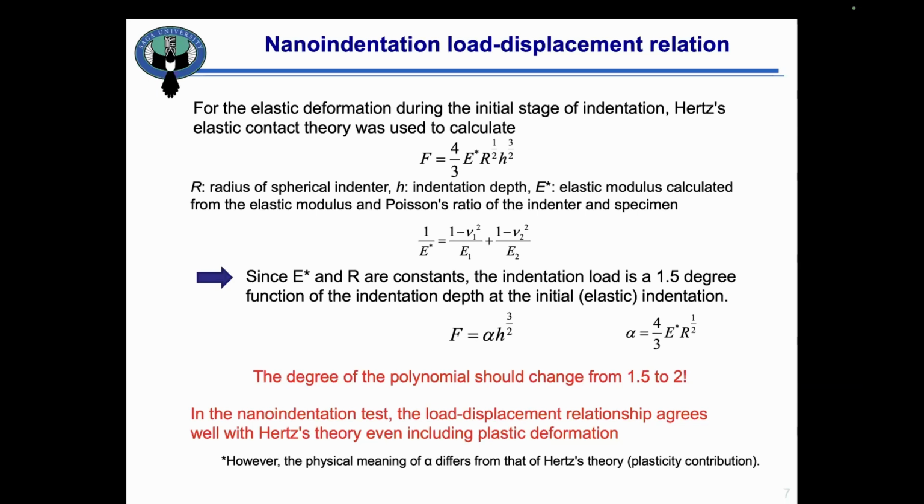The degree of the polynomial should change from 1.5 at the initial elastic state to 2, where the coefficient is the material constant, the hardness. But in the nanoindentation test, the load-displacement relationship agrees well with this 1.5 degree theory, even including plastic deformation.